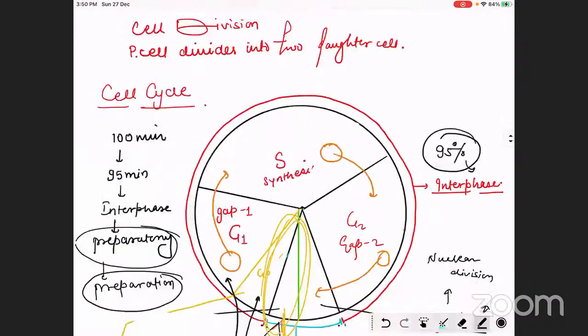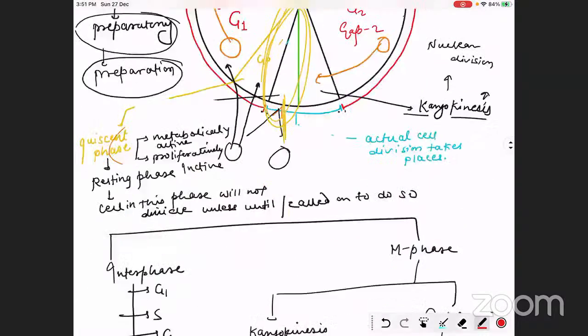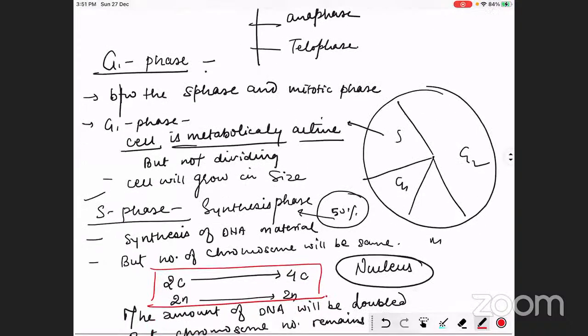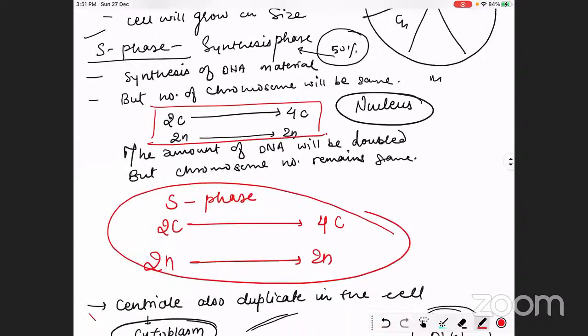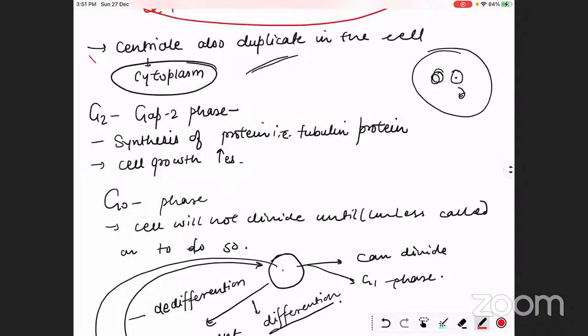The cell cycle diagram is most important for NEET. Please refer to your NCERT for this diagram. You will see different types of questions asked from the cell cycle. Then the classification of division: G1, S, G2. This is most important, and G2 phase.